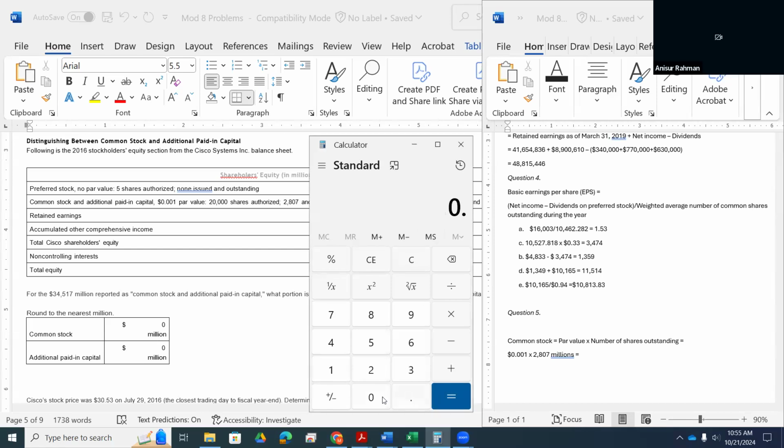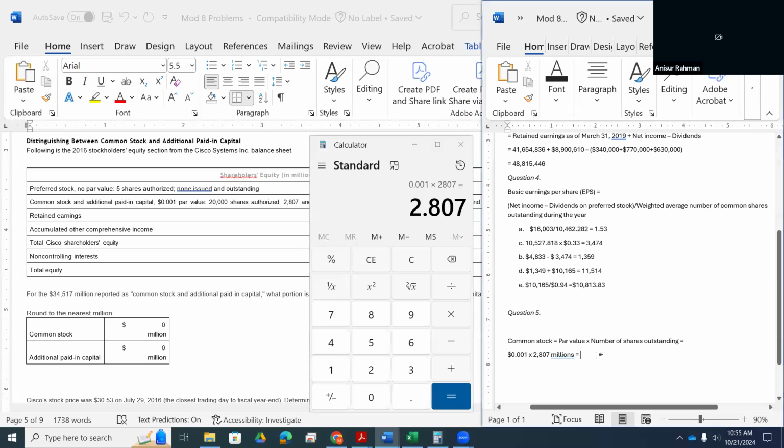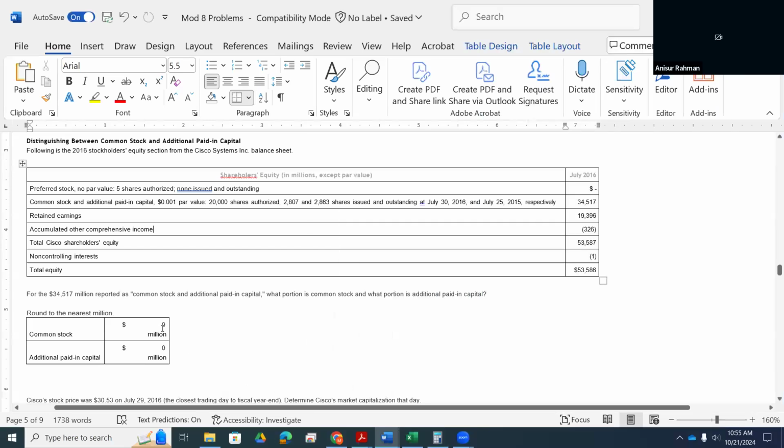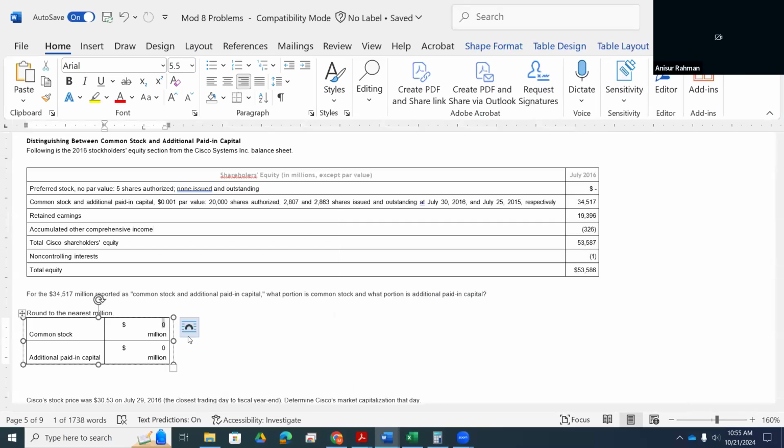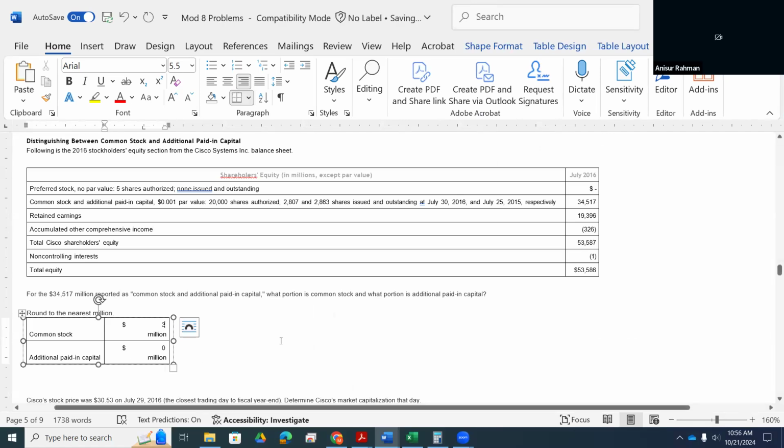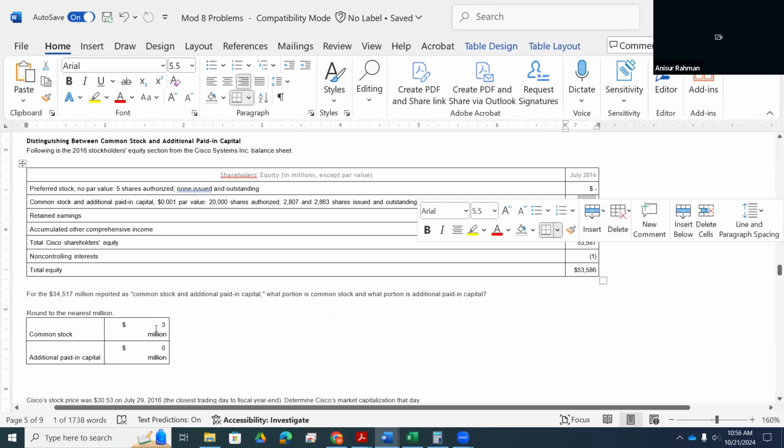So let me do it again. 2,807. So 2.807 million. Round to the nearest million, which will be 3 million. So I'll write down here 3 million. And additional paid-in capital is the difference between this total amount and the common stock amount.